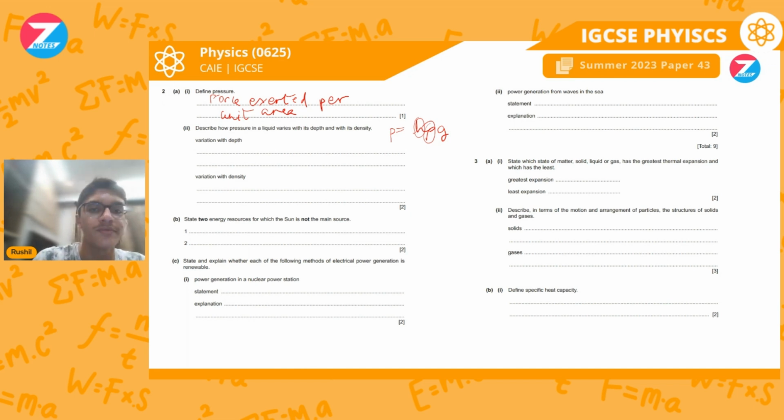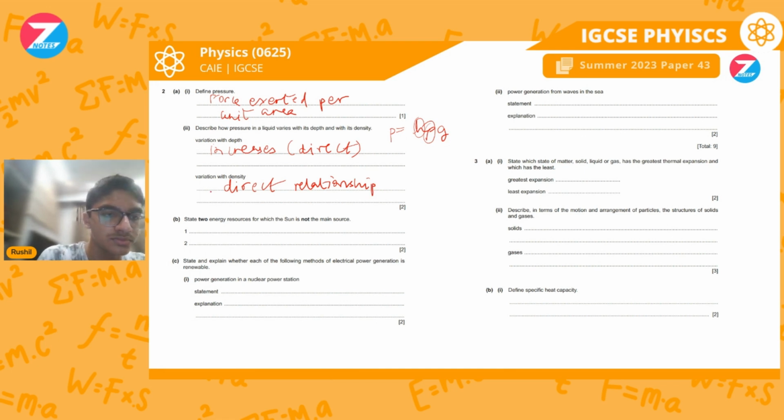So we can clearly see that here it has a direct relationship with both depth and density. A better way to write it would be: it increases as the depth increases, and same for density.